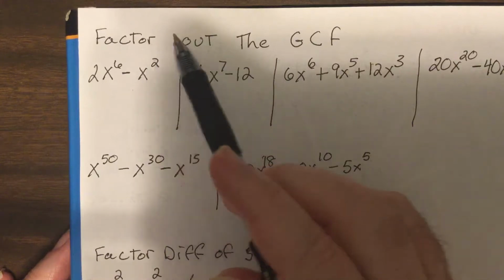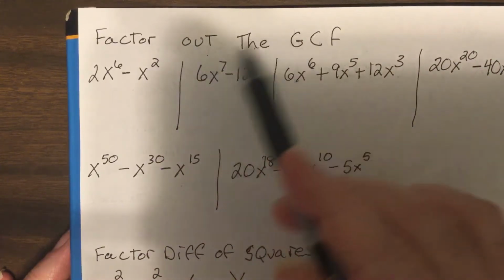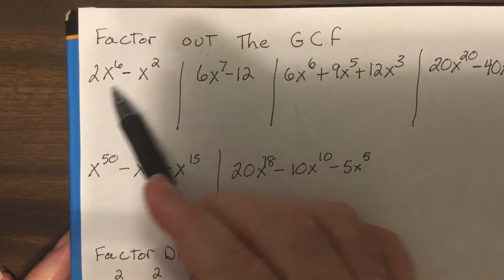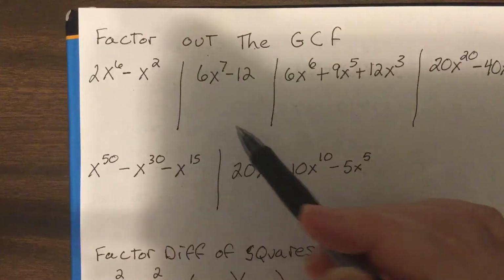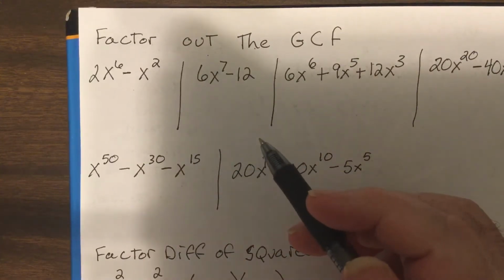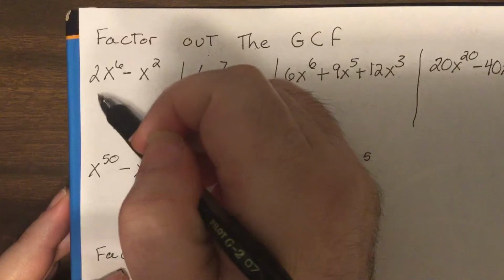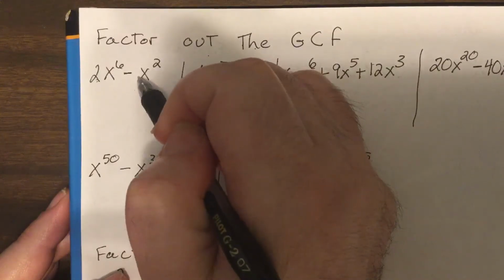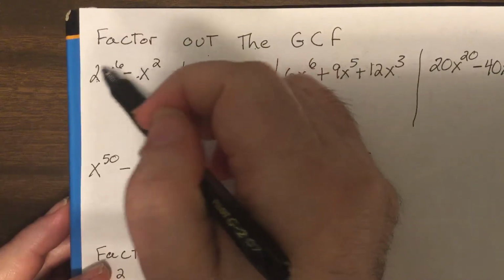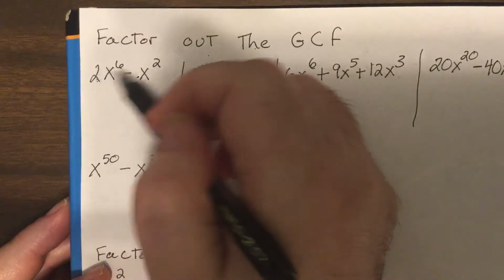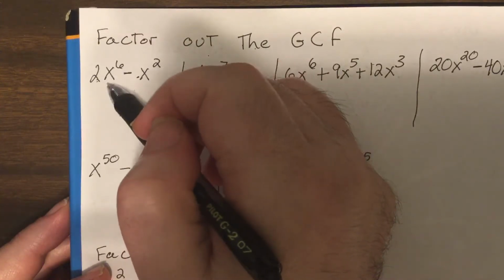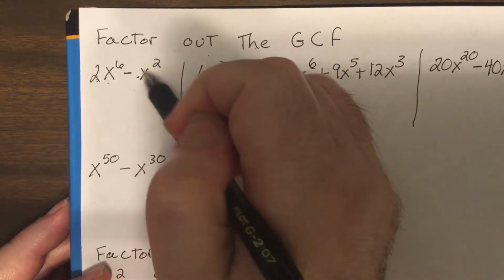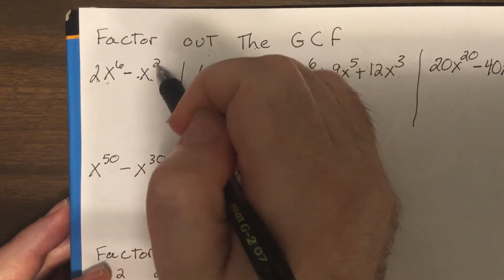The first thing you have to do is factor out the GCF. Is there something common with every term of the polynomial before you even start? So, what's the biggest number that divides into 2 and 1? Well, hopefully you said 1, so there is no common coefficient. But as long as there's the same variable, it's the lowest power that occurs.